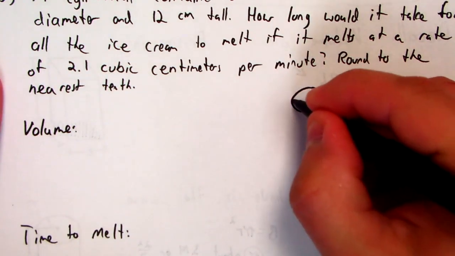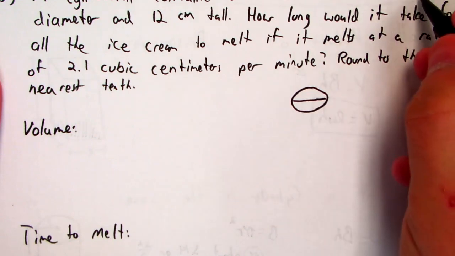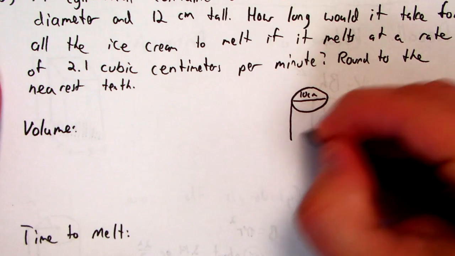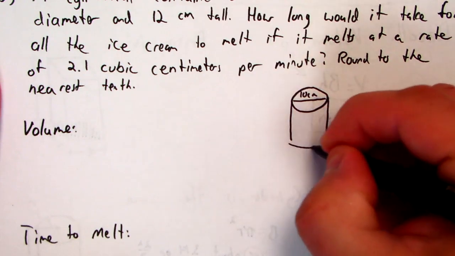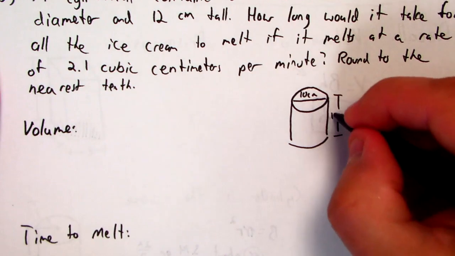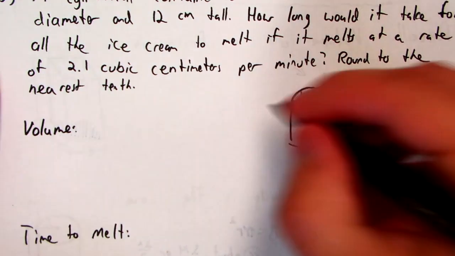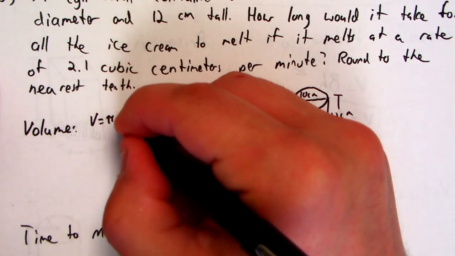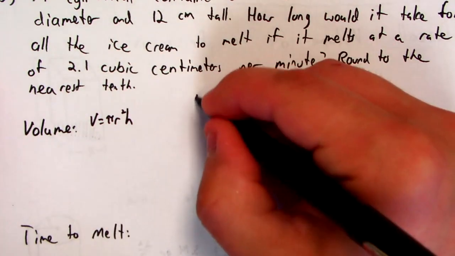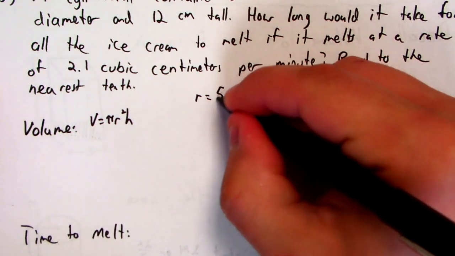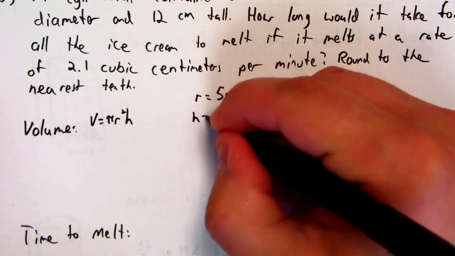Diameter, it says, is 10 centimeters. The height, it says, is 12 centimeters. So the volume formula, again, is pi r squared h. R in this case, because the diameter is 10, the radius is 5, and the height is 12.